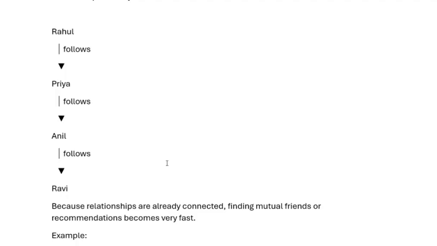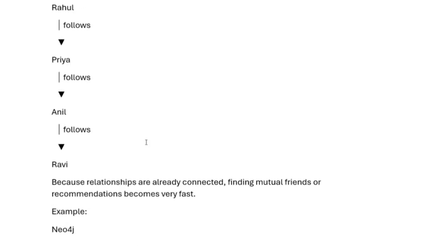In graphs, the data is stored in the form of relationships. For example, on Instagram, if you have mutual friends, you can find them very fast. A graph database works the same way. This is exactly a graph database.